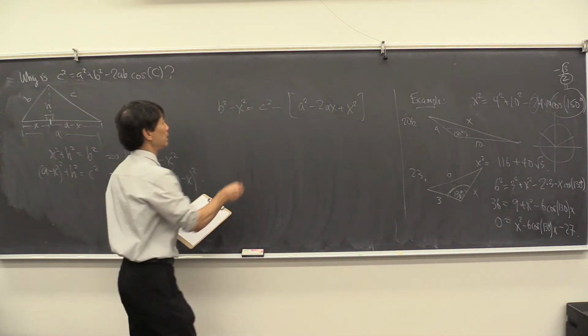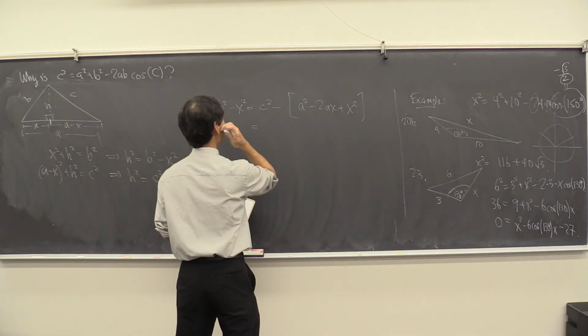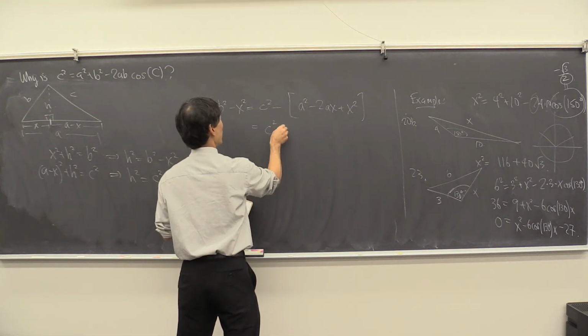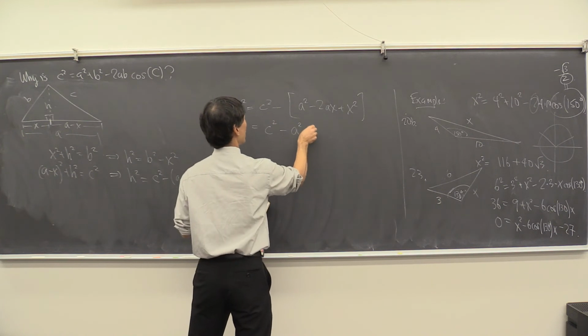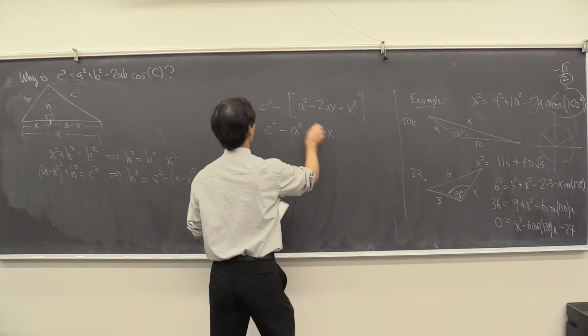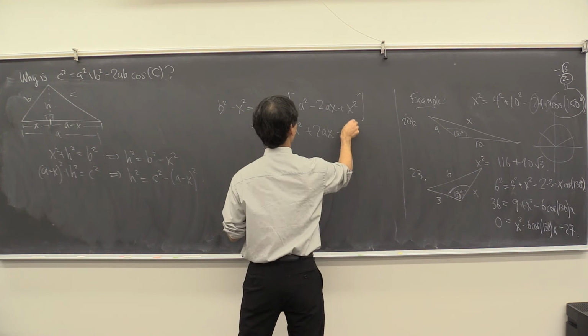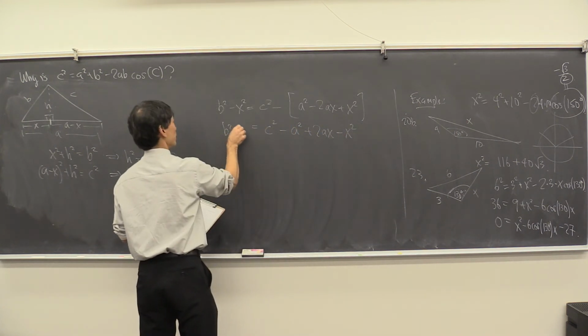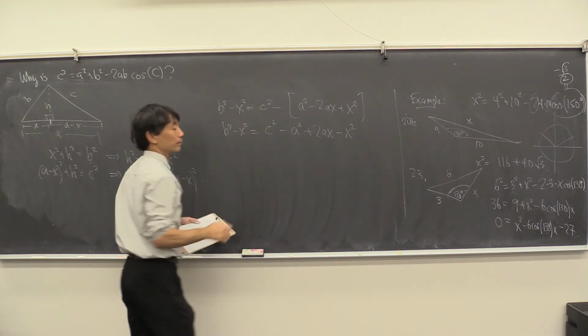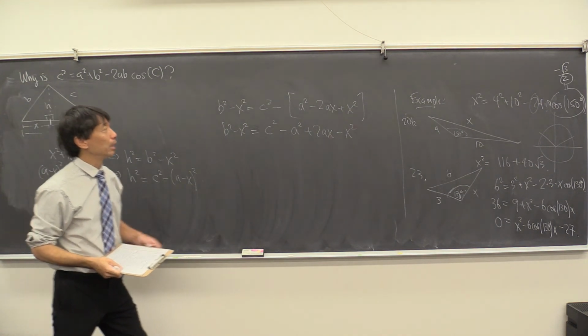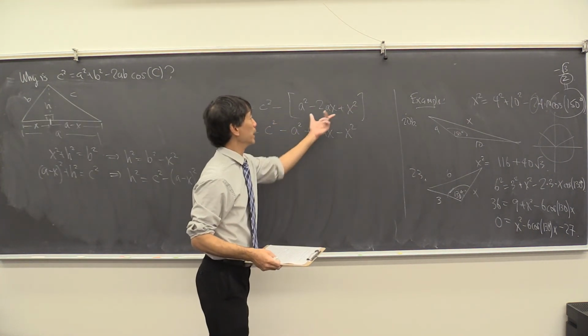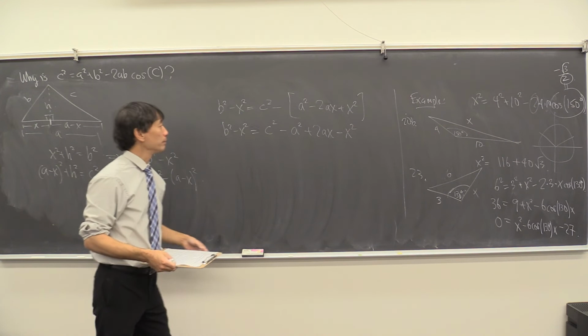Right? So that tells me that c squared minus a squared plus 2ax minus x squared equals b squared minus x squared. Right? I just subtracted this thing and flipped all the signs.